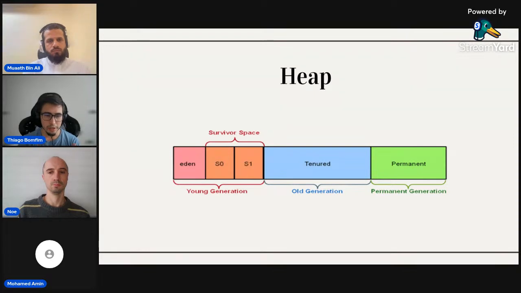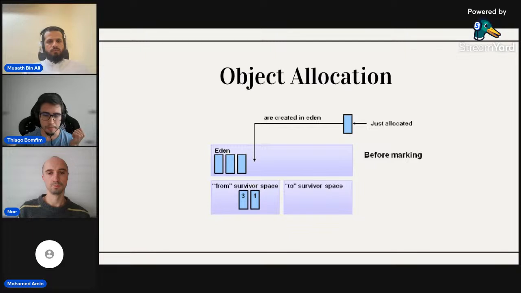As you can see, in the young generation we have the Eden space and the S0 and S1 spaces, which are the survivor spaces. Let's keep the old and permanent generation aside and talk about the young generation and how the garbage collector works. The first thing is when we create a new instance, a new object.